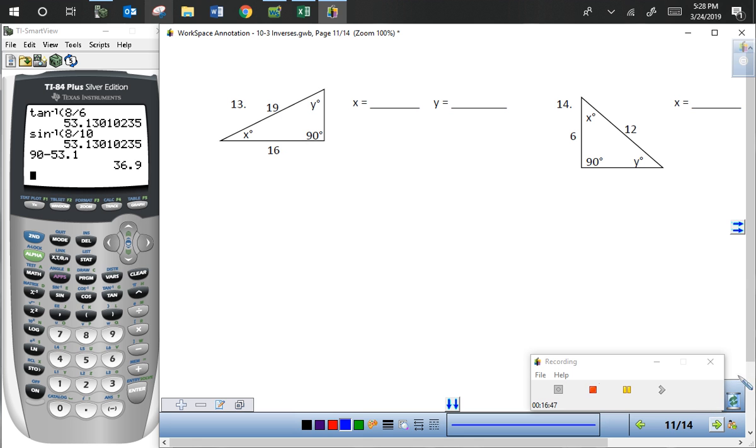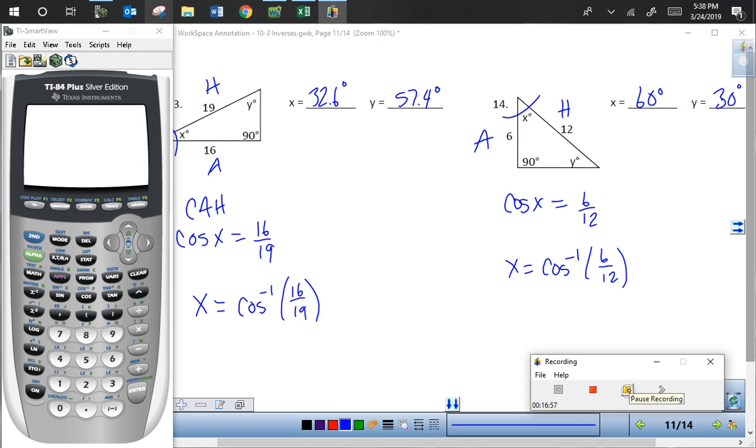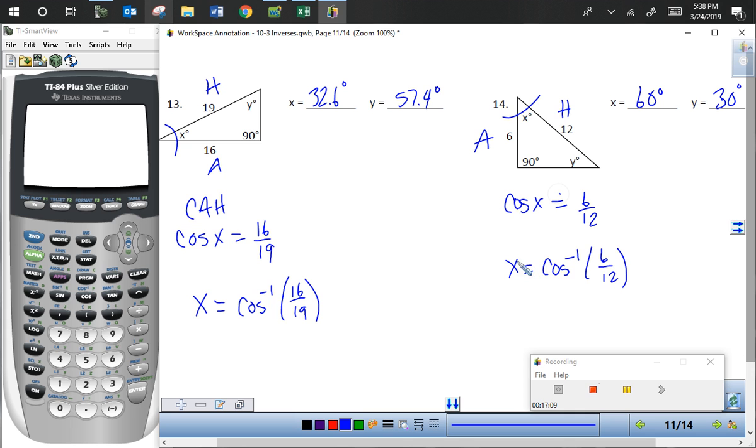I want you to take this time to pause the video and try number 13 and 14. Both of these triangles ended up being cosine because we had the adjacent and the hypotenuse for the sides that we were given here. You'll notice on both of these I kind of skipped a step where you take the inverse on both sides.